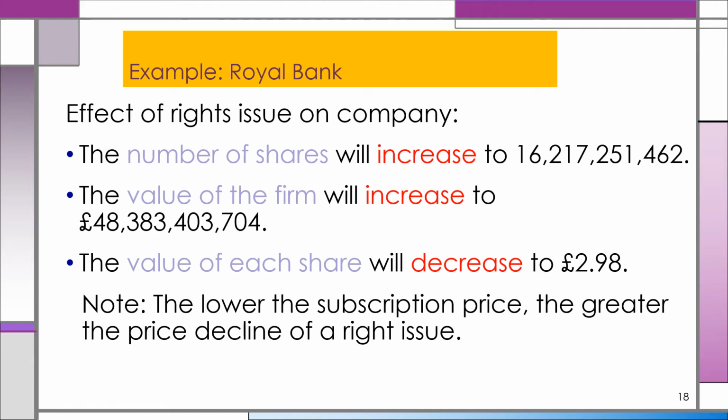Before the rights issue, the original market price is £3.58. The subscription price is £2. After the rights issue, share price dropped to £2.98. Take note that the lower the subscription price, the greater the price decline of a rights issue.